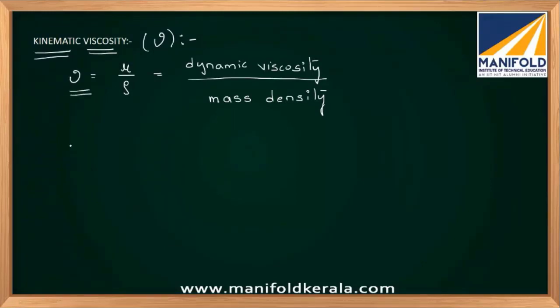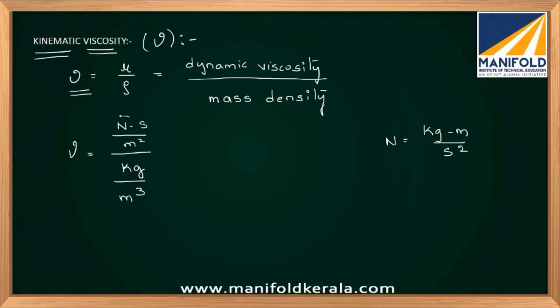Units: nu is equal to, what are the units of dynamic viscosity? Newton second per meter square by kg per meter cube. What is the unit of Newton? How can we write Newton? Newton is kg meter per second square. Please substitute the term here.